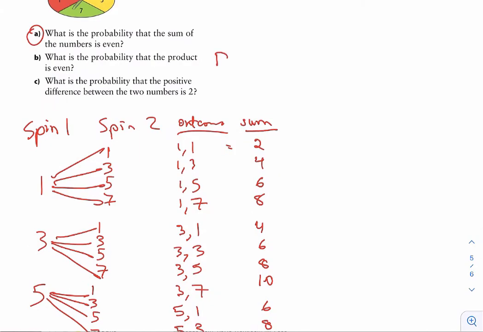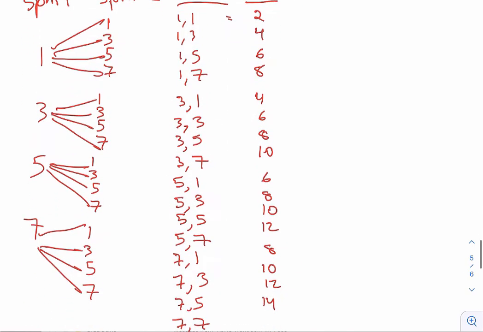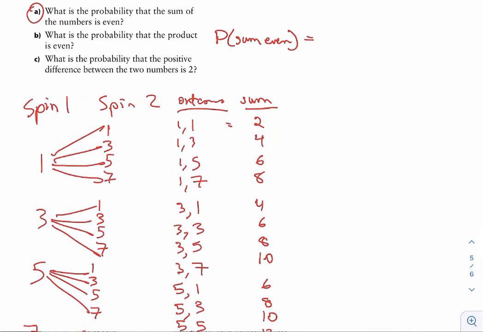So the probability the sum is even: all of them. How many are there? 4 times 4 is 16. So 16 out of 16, which we could reduce to 1, and that would be 100%. So no matter what you spin, the sum of your two spins added together is going to be even.